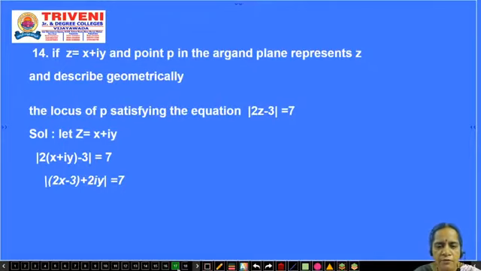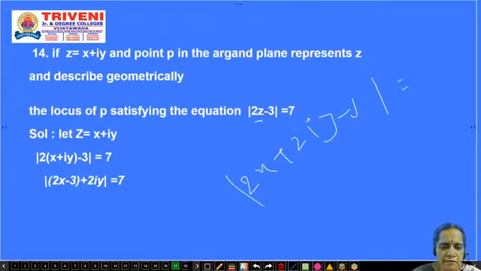Then we have to substitute the value here in place of z. Then 2 into x plus iy minus 3 is equal to 7. Then here 2x plus 2iy minus 3 is equal to 7. Then we combine the real parts, that is 2x minus 3 plus 2iy is equal to 7.